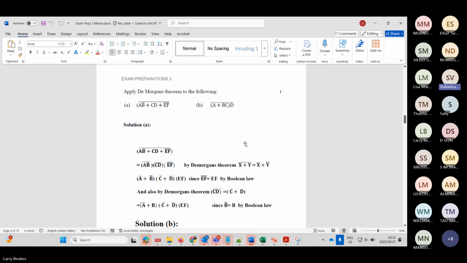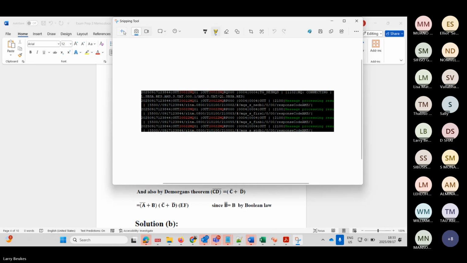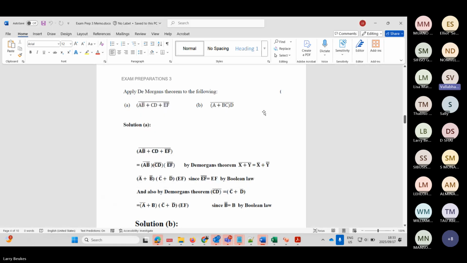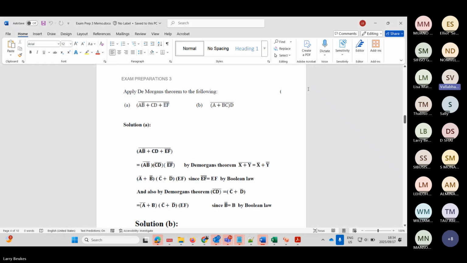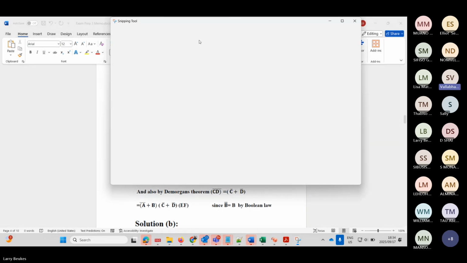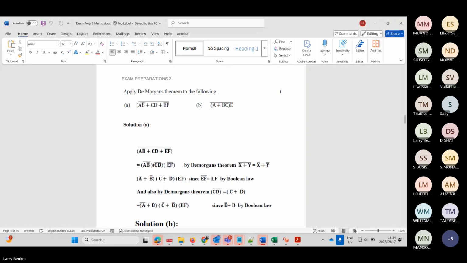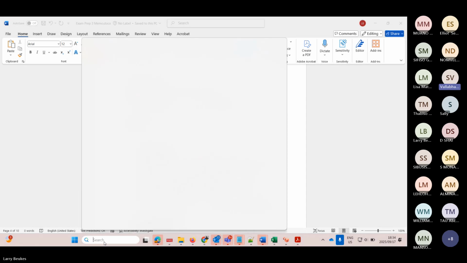If you know these two theorems, you can solve the problems applying De Morgan's theorem. See, A plus B whole bar is equal to A bar into B bar, or X plus Y whole bar is equal to X bar into Y bar. This is one solution.